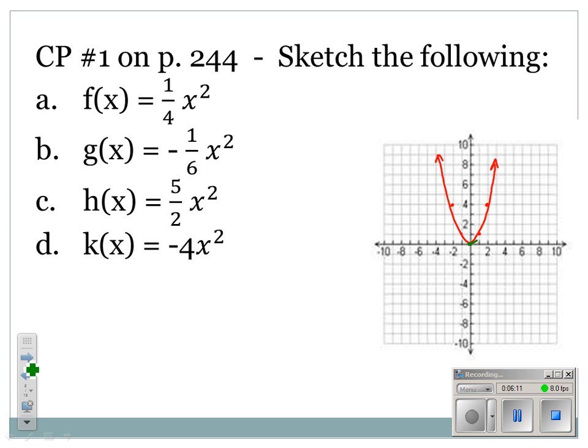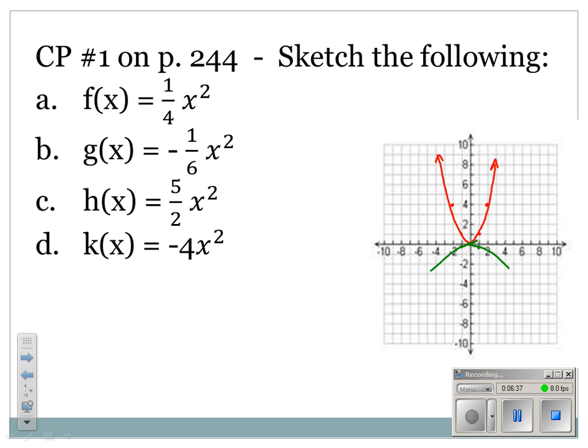So again, take a couple of points and plug them in. 0, 0 is still a point. If we put in a positive 1, we will end up with negative 1/6. If we put in a negative 1, we will end up with a negative 1/6. And so our parabola for B is going to be a little bit wider, and it's going to point down or open down.